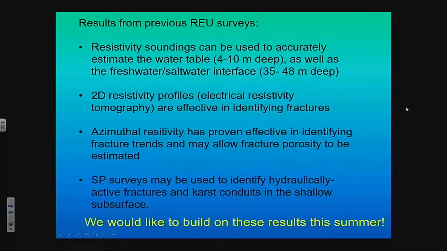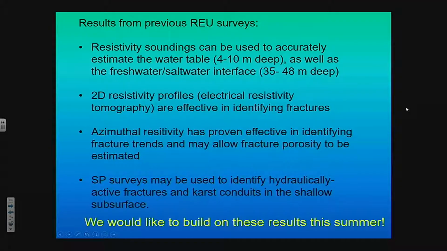Oh, one more. So these are some of the results that we got from previous surveys. Again, resistivity soundings, that's where you expand the electrodes around the center point. We're able to estimate the water table depth and then the freshwater interface.